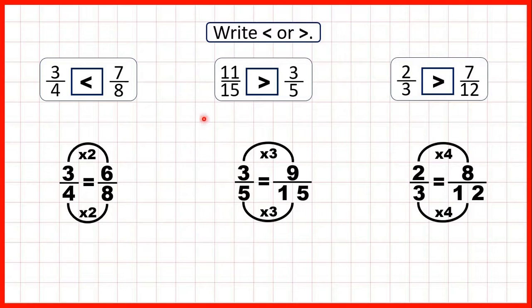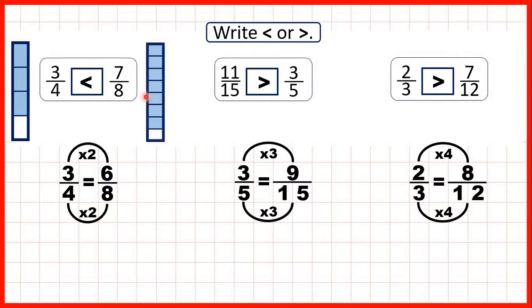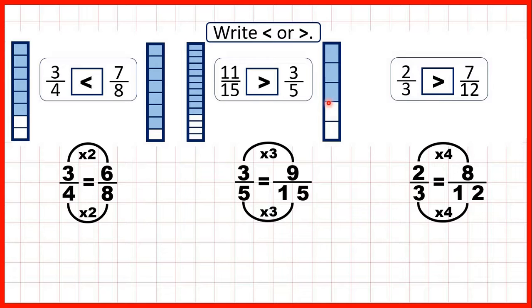So, let's use the fraction bars to see what we were doing. First, we had 3/4 and 7/8. We changed 3/4 into 6/8, which meant that we could see that 3/4 was smaller than 7/8. Next, we had 11/15 and 3/5.